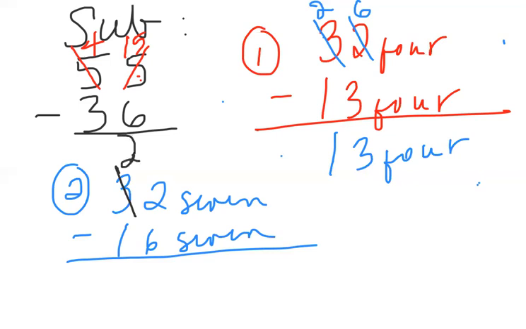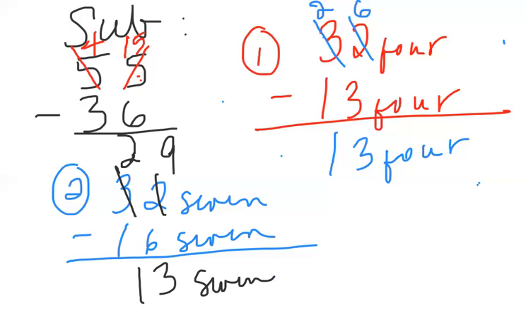What does this 2 become, guys? 9, because the 1 you borrowed is 7. You add it to the 2 that was already there, so it's 9. 9 take away 6 is 3. 2 take away 1 is 1. And there you are.